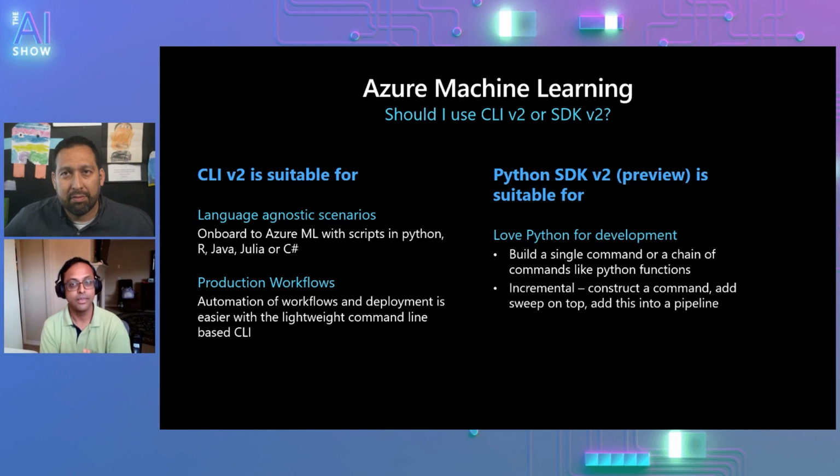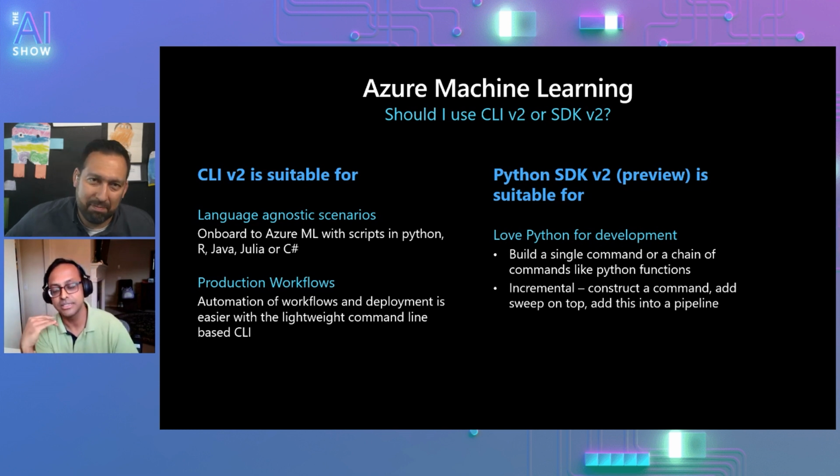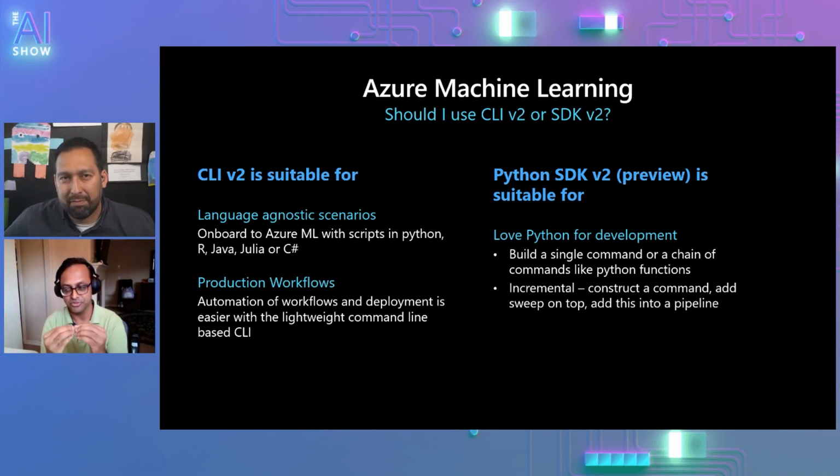It's very lightweight. The Python SDK v2 is suitable obviously for all Python lovers, right? It's good for development, especially for Python lovers. They can build simple commands or a chain of commands using Python-like functions, and it helps you move from smaller to bigger easily. Like I showed you, just build command after command and then hook them up together.